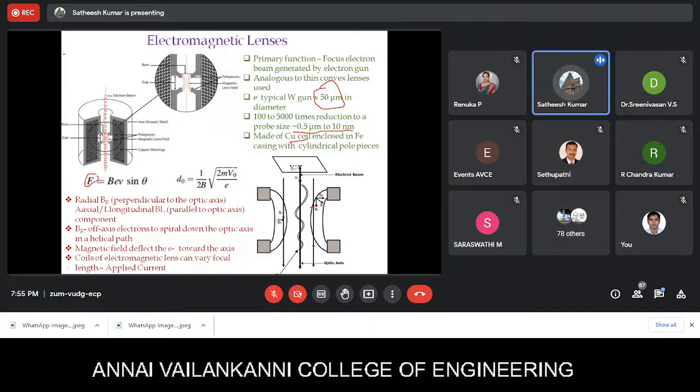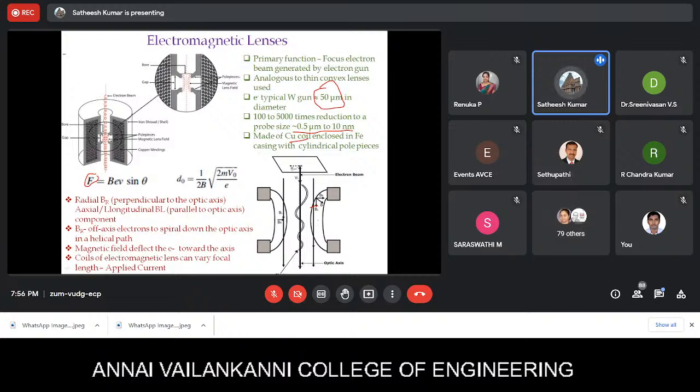The role of BR is, since you have a 50 micron beam, you have a lot of electrons coming in a very wide range. When they come close to this electromagnetic lens, because of this magnetic field, they are deflected by the strong magnetic field and start taking a helical path, meaning the beam is getting focused.